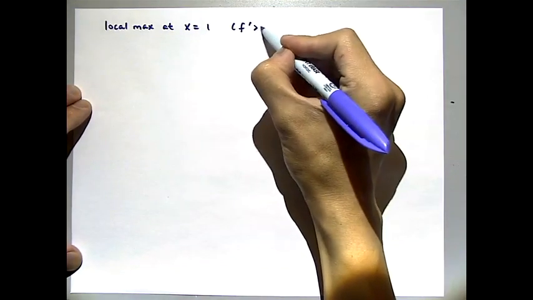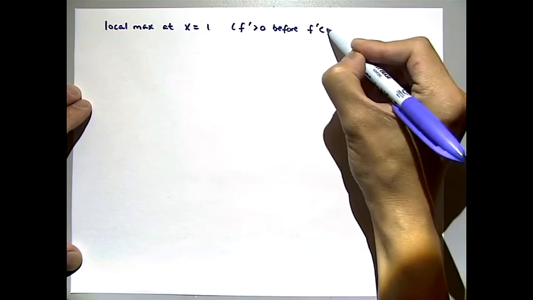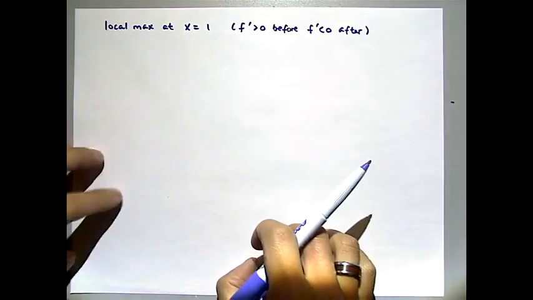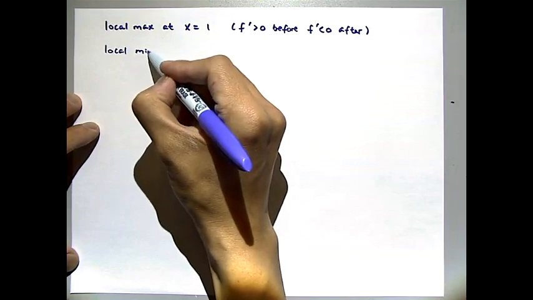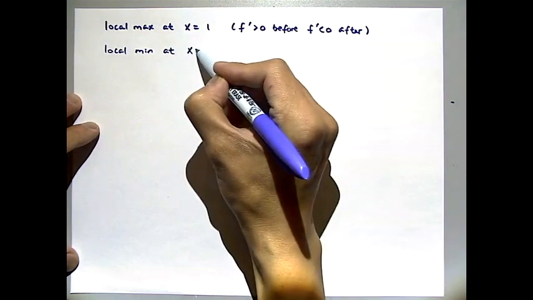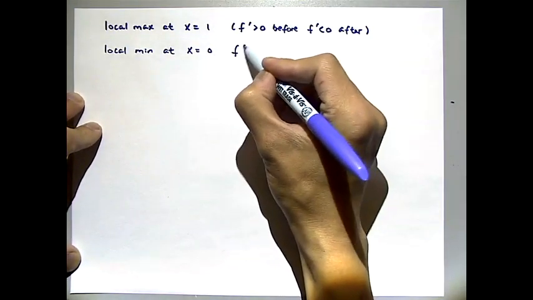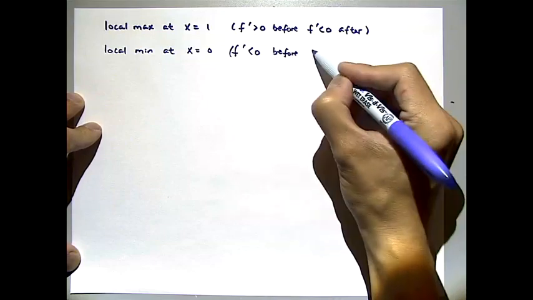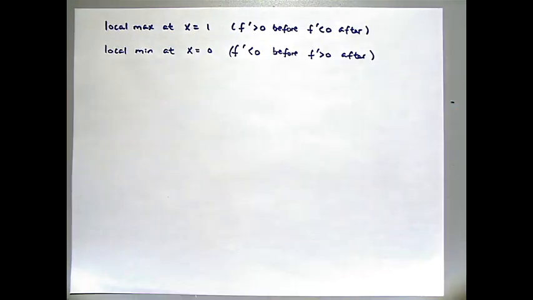F prime is positive before, and f prime is negative after. And we have a local minimum at x equals 0. So it's negative before, positive after.